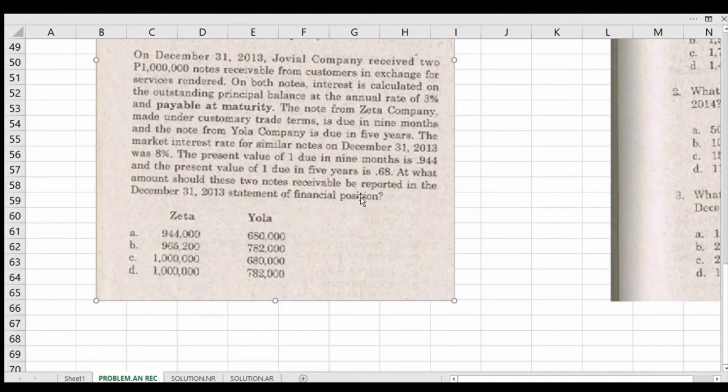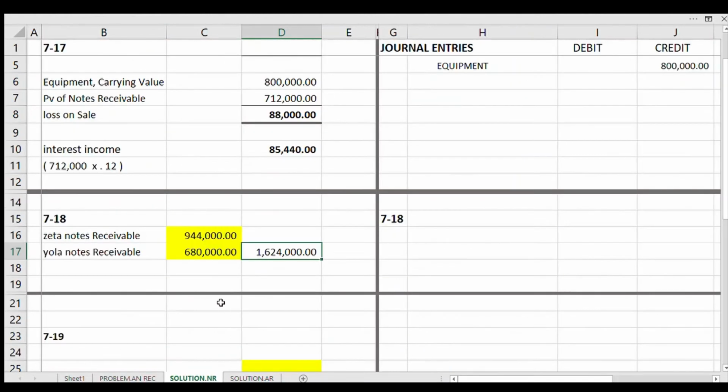So we have here 0.944 for the Zeta note receivable, and 0.68 for Yola. So that's how we arrive at the answer. We just multiplied it by the present value of one in their respective periods, 944 and 680.